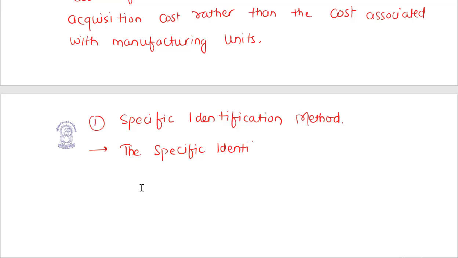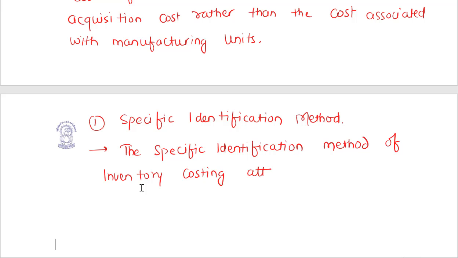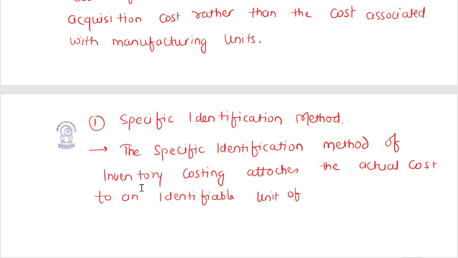The specific identification method of inventory costing attaches the actual cost to an identifiable unit of product.